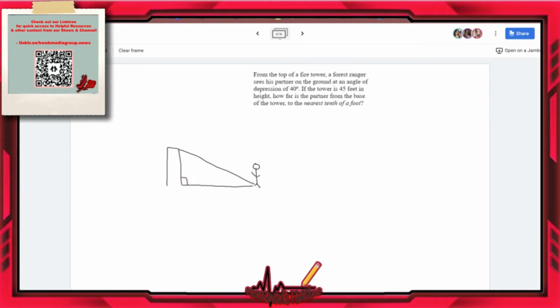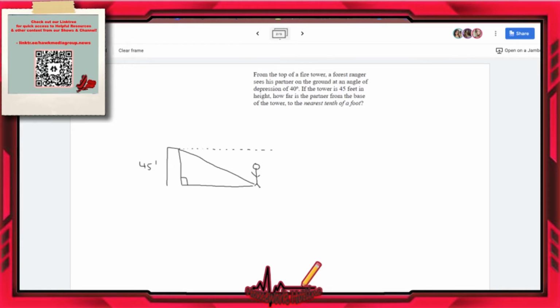We know that the height of the tower is 45 feet, and we know that the angle of depression is 40 degrees. If you picture the ranger's line of sight at the top of the tower, it basically goes like this, which creates the horizontal.